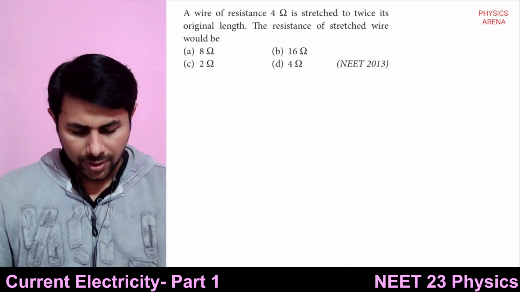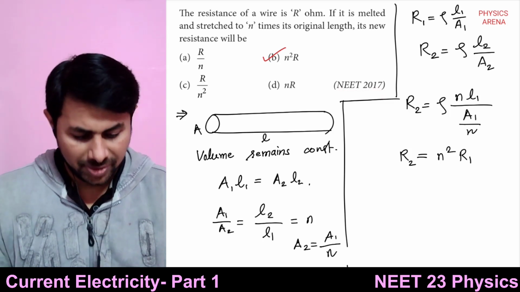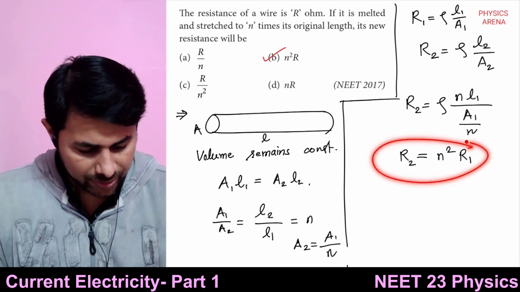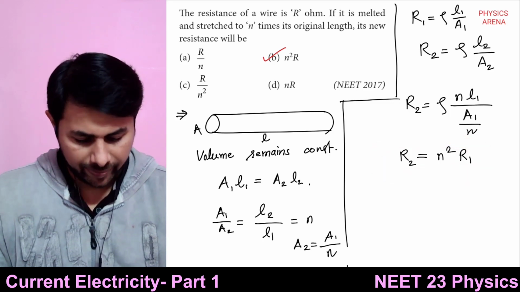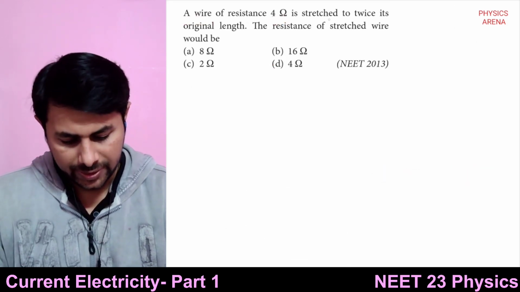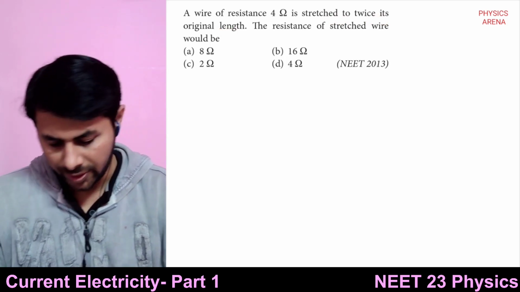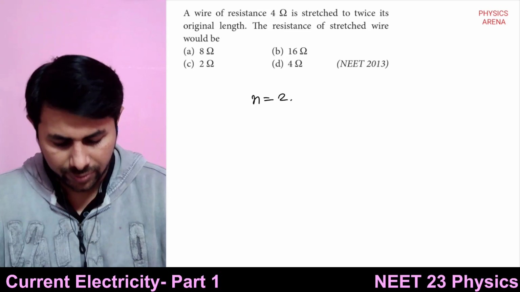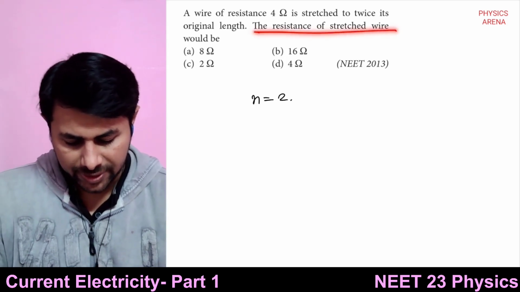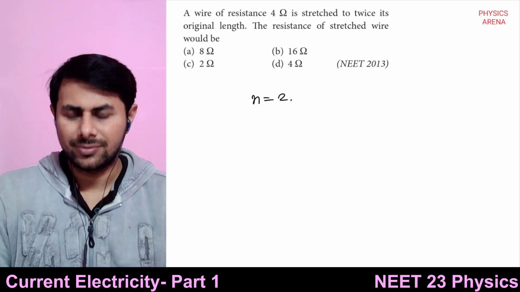For example, this question has been repeated many times. That's why I'm asking you to memorize this. A wire of resistance 4 ohm is stretched to twice its original length. Here n is equal to 2. The resistance of the stretched wire would be?